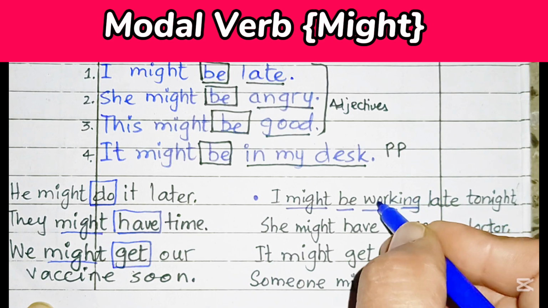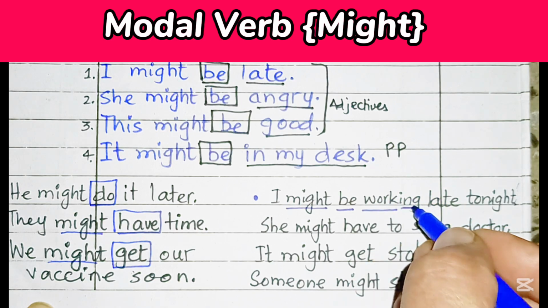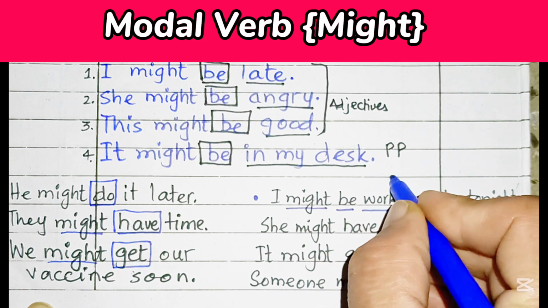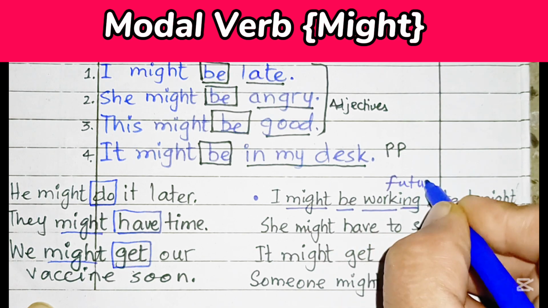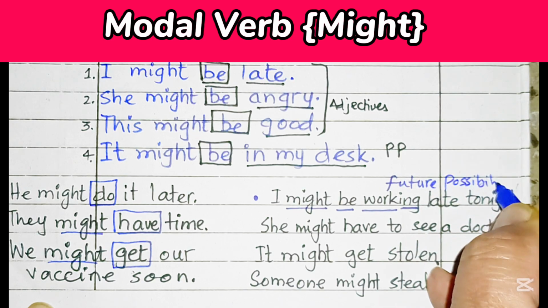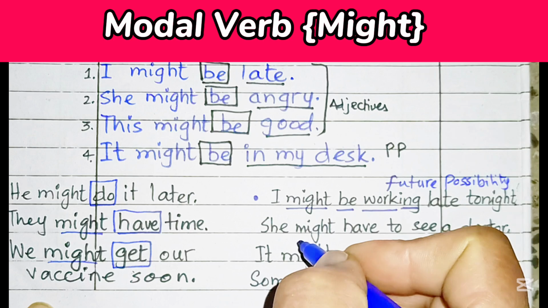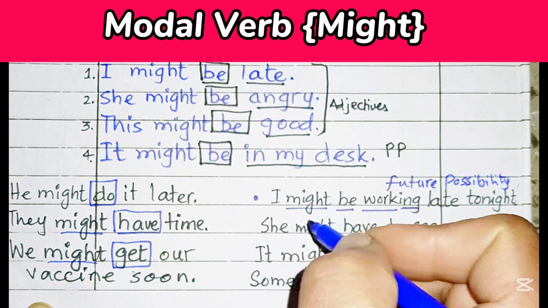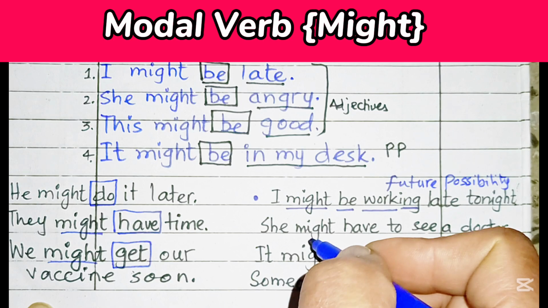That's why the main verb work is followed by the ing ending. It shows future possibility. But as I said, I'm not sure if this will happen or not.